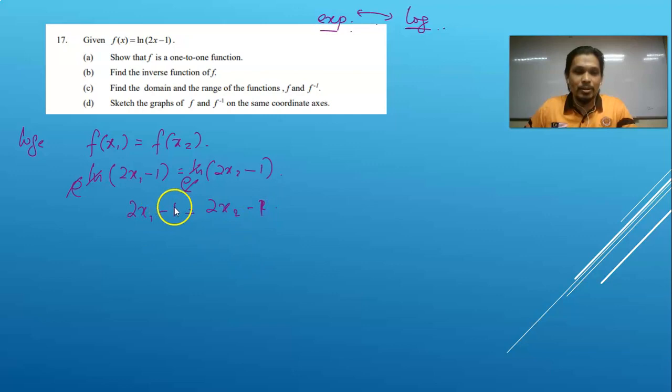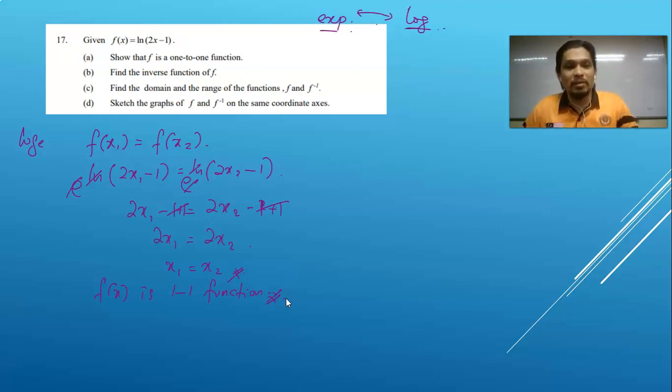So plus 1 here and plus 1, clear. So you get 2x1 equal to 2x2, divide by 2 left and right, then you get x1 equal to x2. So f(x) is a one-to-one function. Clear.